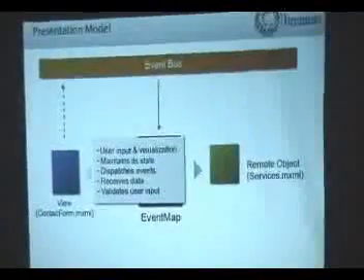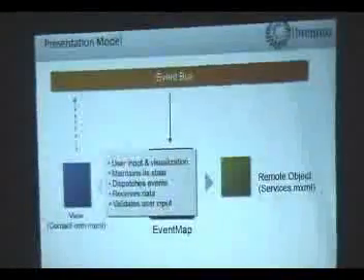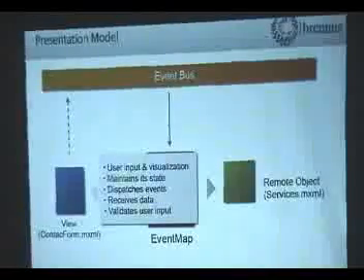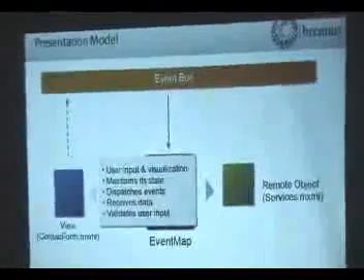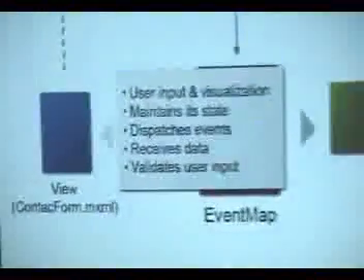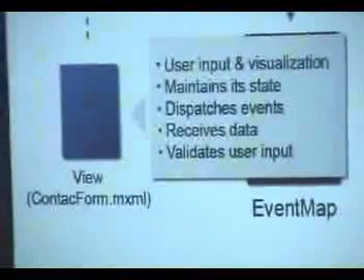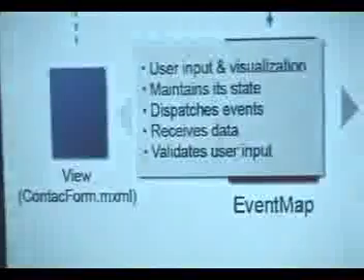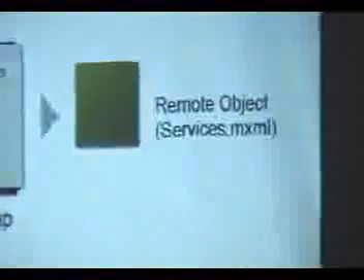So here in the presentation model we are separating things. We should have the input, we should maintain the state, dispatch events, receive the data, validate the user input; everything is currently managed within the view itself.